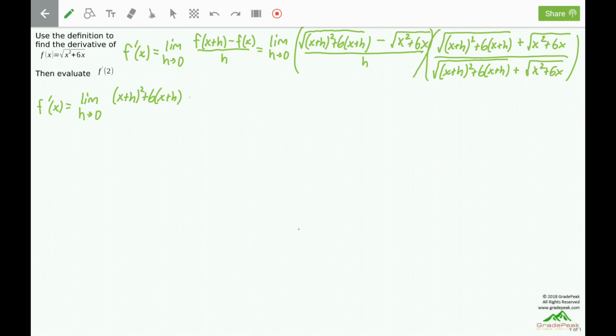The outside will give us a positive root of x squared plus 6x times x plus h squared plus 6 times x plus h. Since they're both under roots, they can multiply to be under a root. The inside will give us that same expression, but negative, since one of them is negative.